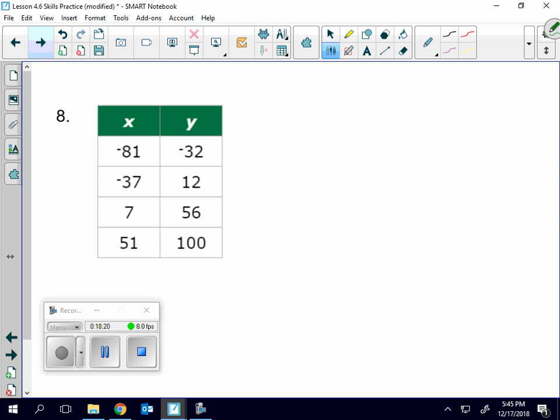Okay. This is where it gets a little bit harder. You can pick any 2 points that you want to find the slope with. I'm going to show you with a couple different ones just so you see it's the same thing. If I go from here to here, from negative 32 to 0 is a 32, and then 12 more is going to be 44, and that's getting bigger, so that's positive.